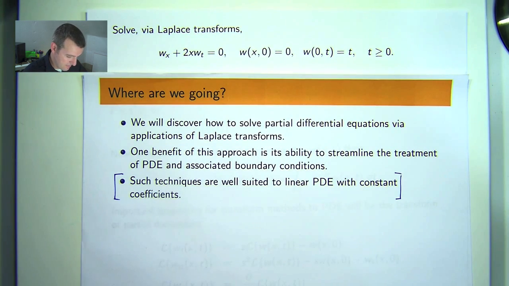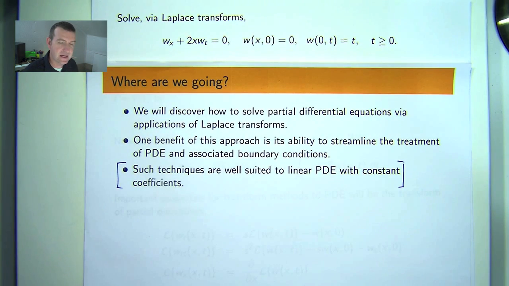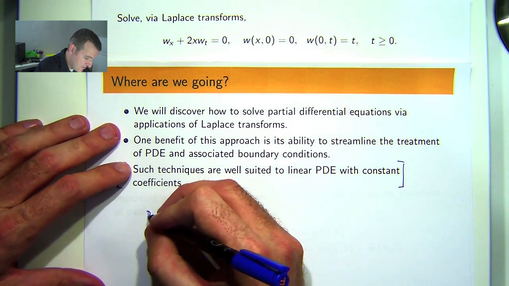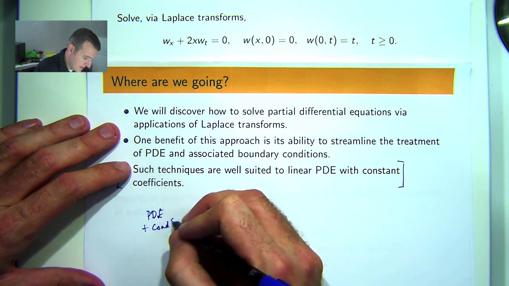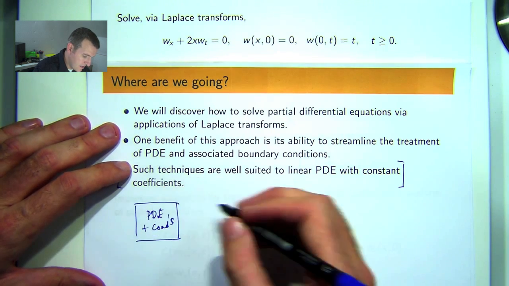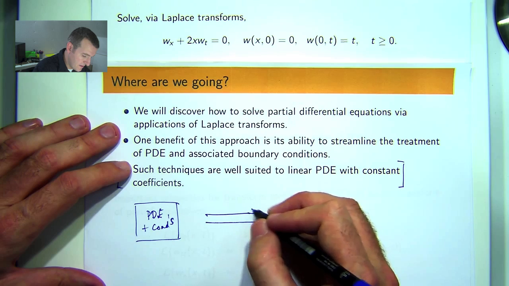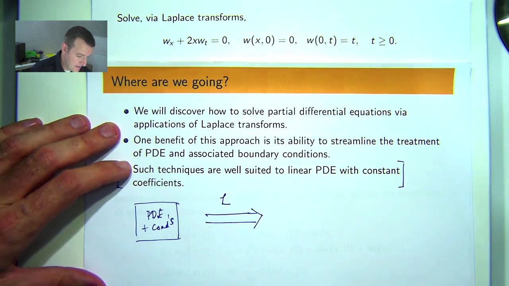Now, just to refresh your memory, or if you haven't seen this method before, let me give you an overview of what happens. You start with a PDE and some conditions. You transform the problem via the Laplace transform.